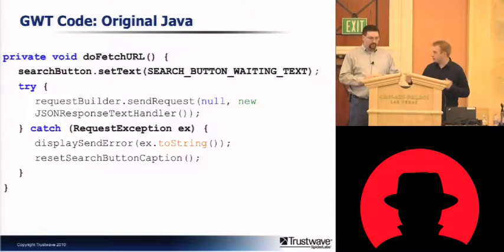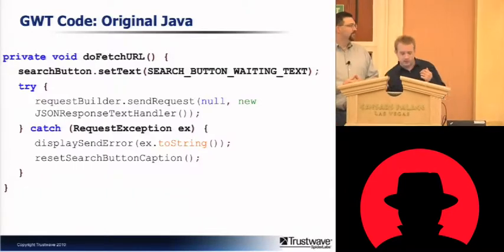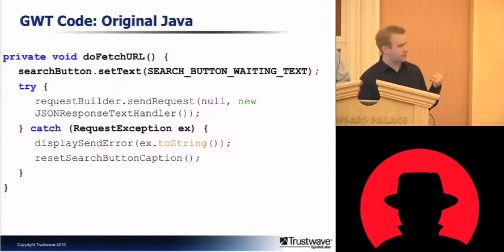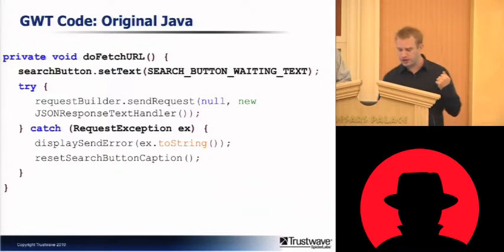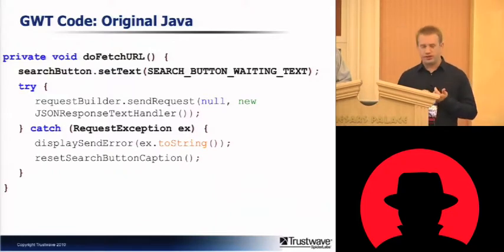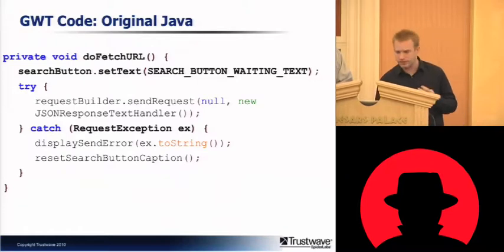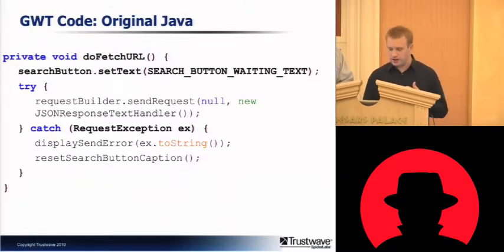Okay, this is on the screen here, and I don't know how far back you can see it, but this is an example of a simple method in Java source code for a GWT app. It's actually from the JSON sample app in the GWT SDK. The code is easy enough to read.